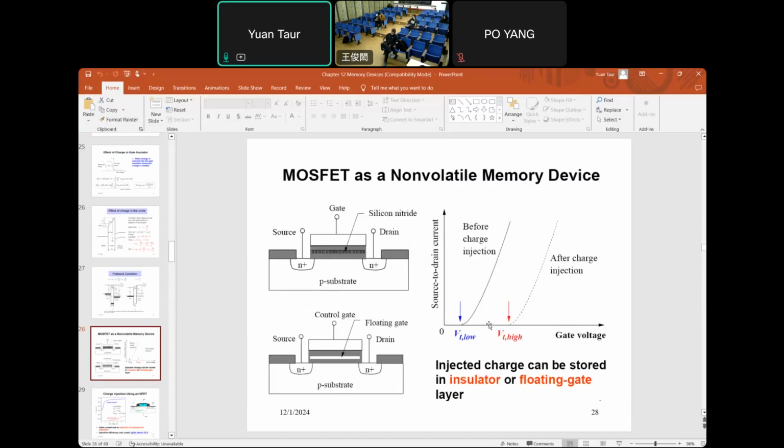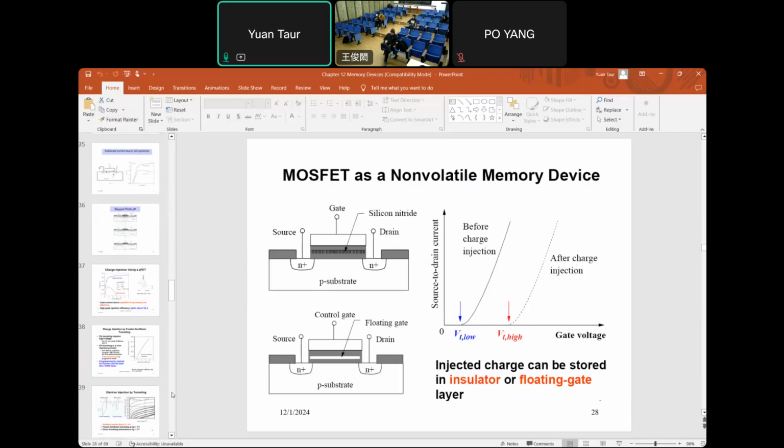So we bias here at 5 volt, and there's no current. Okay. So that's how you read.